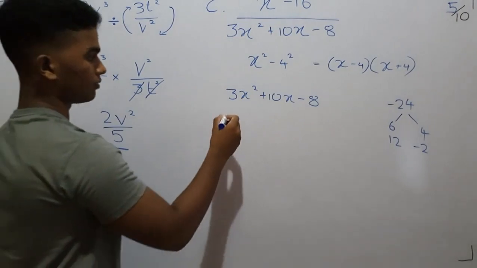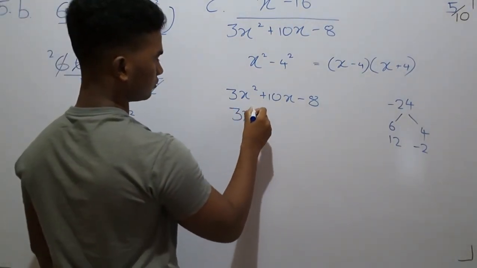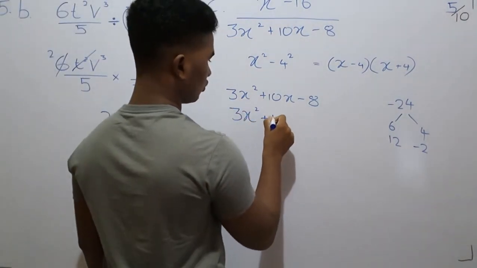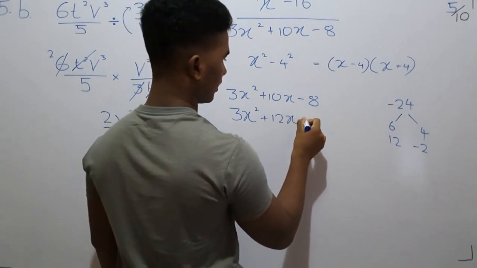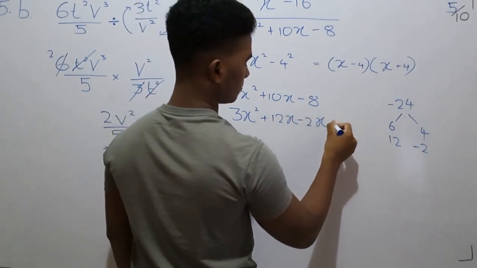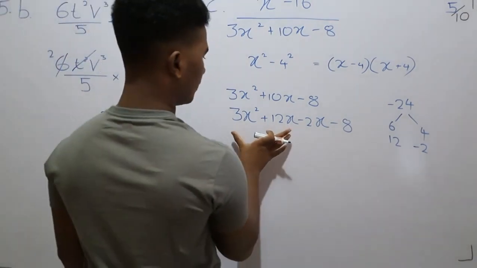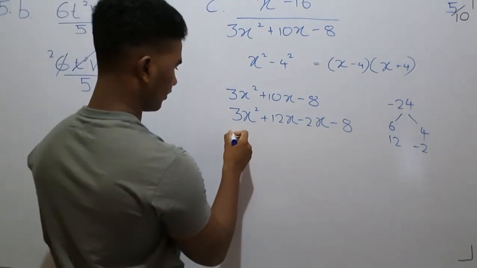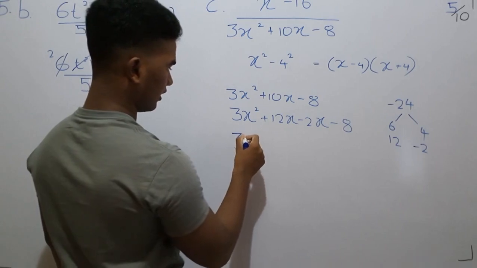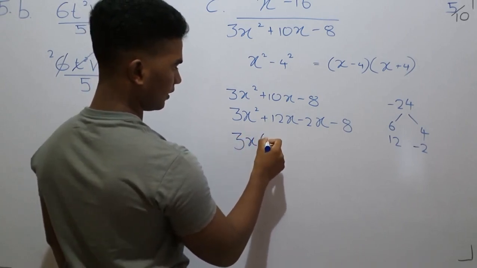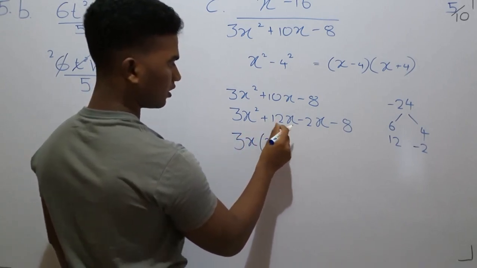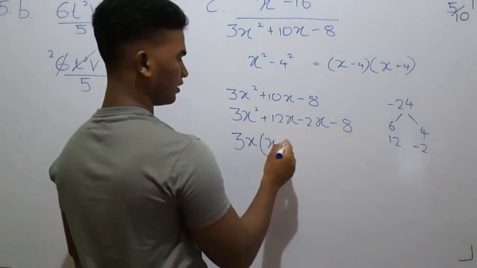So we'll write it 3x square plus 12x minus 2x minus 8. Now we'll put brackets and take the factors out. 3x can be taken out. Remaining is x plus 12 divided by 3, which is 4.